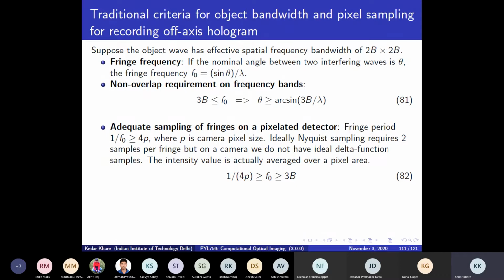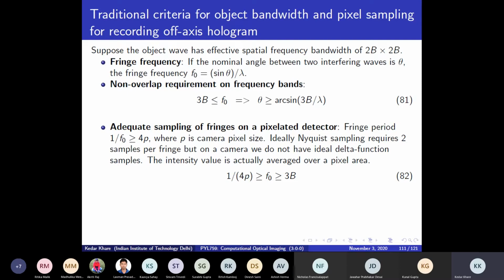Ideally the Nyquist rate requires 2 samples per fringe, but typically, to represent the fringes well, you will need more pixels within a fringe. 2 pixels within a fringe is too few. If they were really ideal delta samples, then it is fine. But since the samples are not delta samples, this would be required.